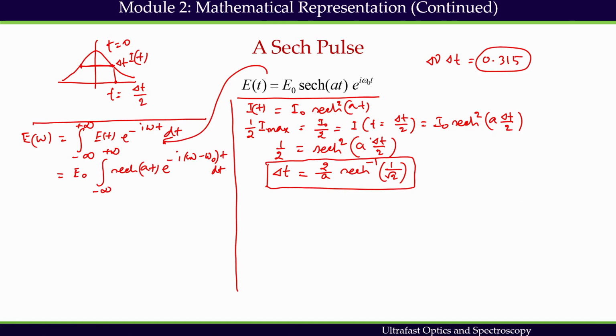And this is a standard Fourier transform. The standard Fourier transform goes like this: if I have a function f of t, hyperbolic sec function of a t, then the Fourier transform of f of t is going to be pi by a multiplied by sec hyperbolic pi omega by 2a.